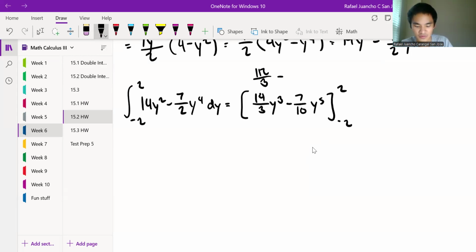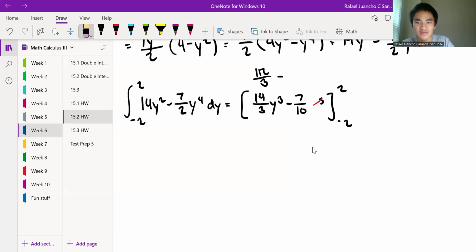Subtract the 2 to the 5th, which is 32, times 7 over 5. My 10 here becomes a 5, and this becomes a 16. So I have 16 times 7, oh God, 112 over 5. So I get that value.